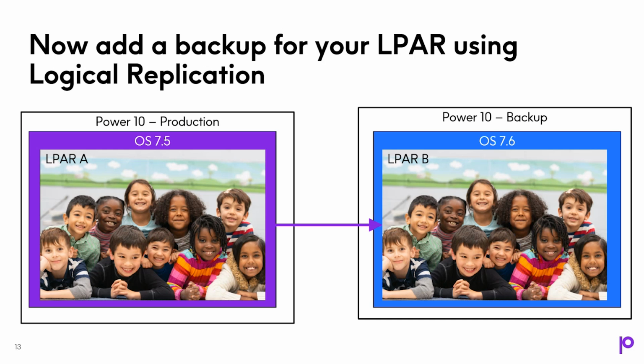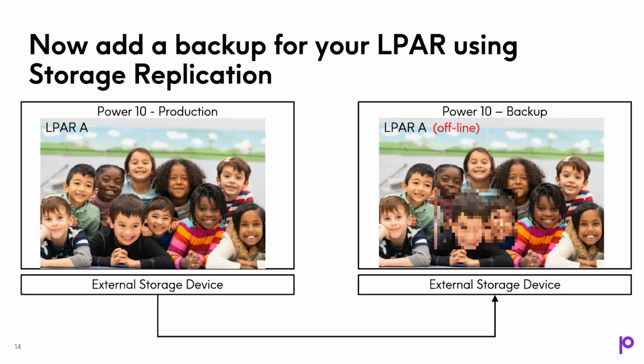Now let's compare that, adding that backup system, with a storage replication orientation, okay? So now we have LPAR A on the left, and we're replicating that image to the Power 10 backup system. But notice it says LPAR A, but it's offline, right? What is that all about? Well, that LPAR is unavailable to you.